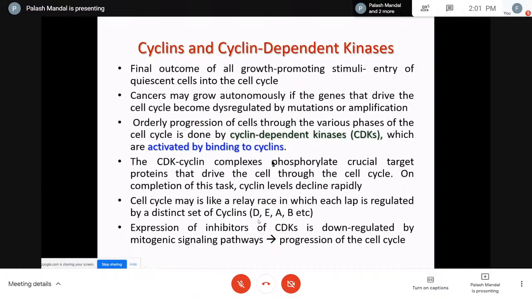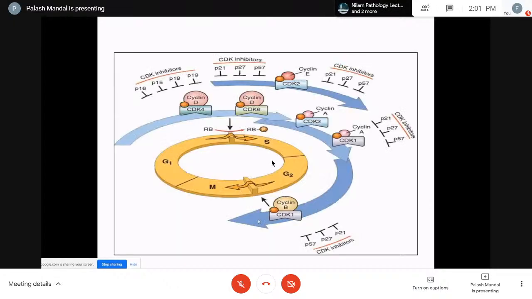The expression of inhibitors of CDKs is downregulated by the mitogenic signal pathway. So in normal condition, there are inhibitors. After a particular action is over, after the target is achieved, the inhibitors come into the picture and they dephosphorylate. So the dephosphorylation leads to the inactivation, leads to reduction of the cyclins.